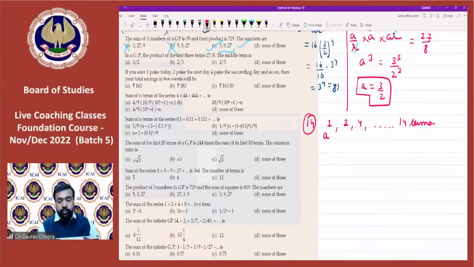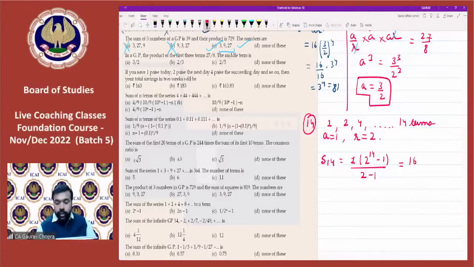What is the first term? 1. What is common ratio? It is 2. So S14 will be, since R is greater than 1, 1 multiplied by 2 to the power of 14 minus 1 divided by 2 minus 1. We can check 2 to the power of 14, how much it comes. 16,384 minus 1.